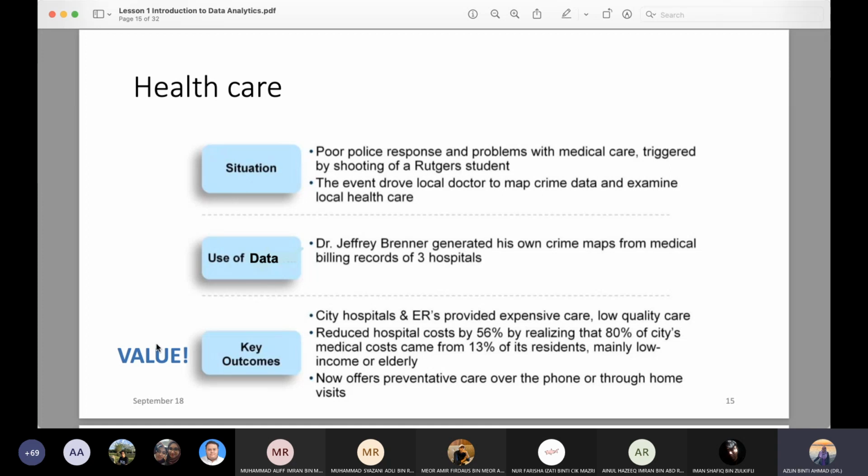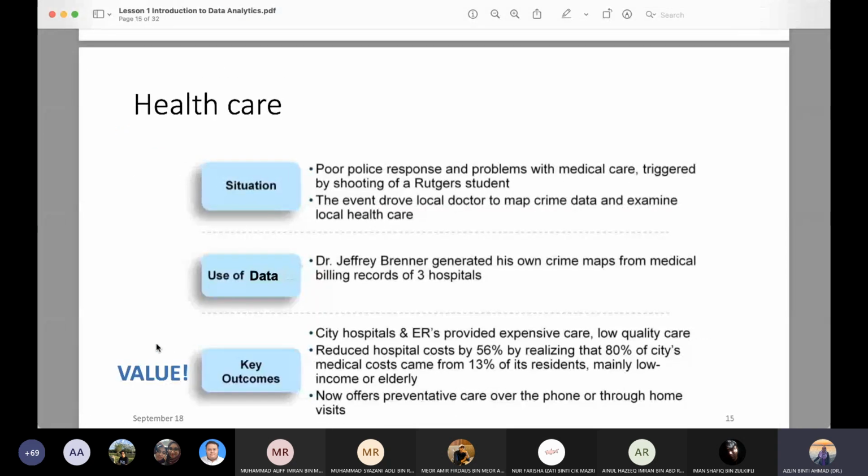So based on the data yang dia dapat kat atas tu, dia boleh drill down sampai macam tu. Okay, so apa dia buat, dia akan offer better service lah for the residents community dekat situ, especially to cater to the low income and elderly.